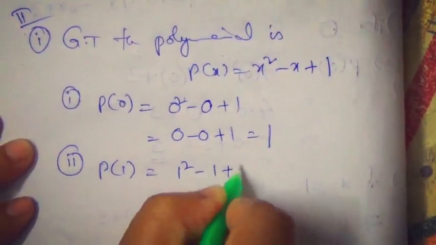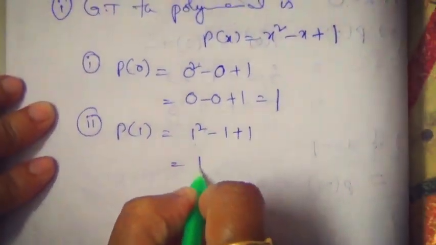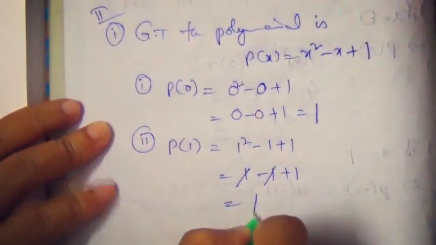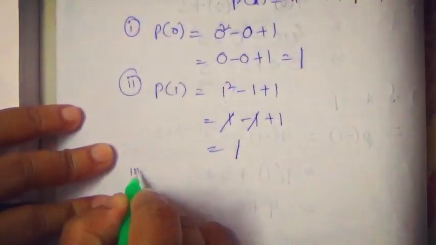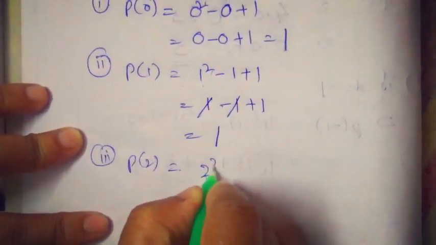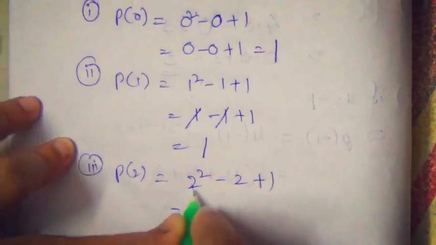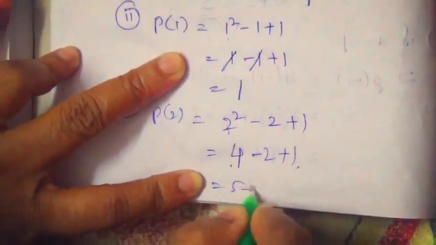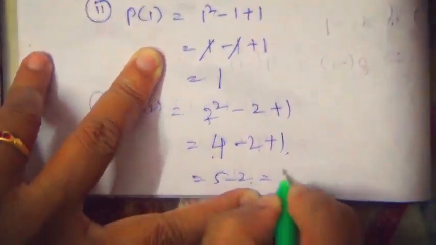Second sum, p of 1 is equal to 1² minus 1 plus 1, that is 1 minus 1 plus 1. Minus 1 and plus 1 cancelled, here we get 1. Third sum, p of 2 is equal to 2² minus 2 plus 1, that is 4 minus 2 plus 1. 4 plus 1 is 5, minus 2 is 3. That's it. So here we finished the first sum.